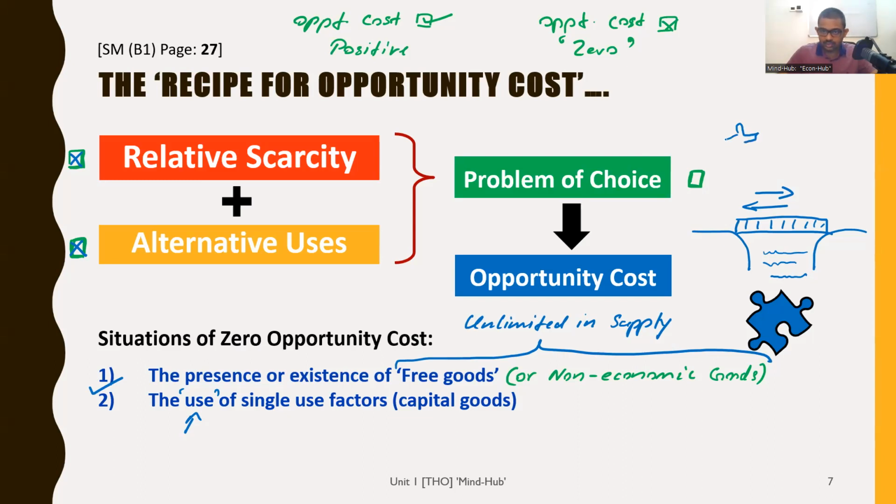Another good example is, I don't know whether I can draw this properly. Any idea what this is? Sometimes it has a circle-like thing here, and it has a chain like this.